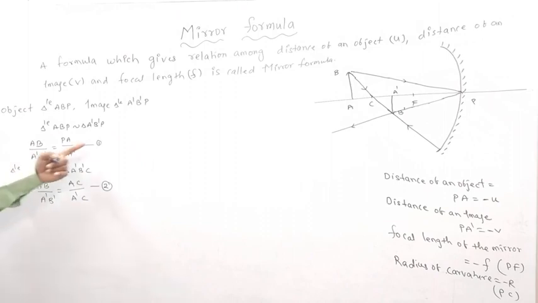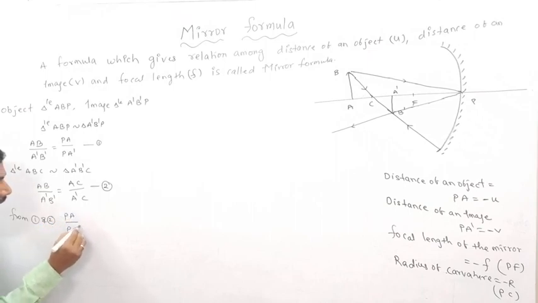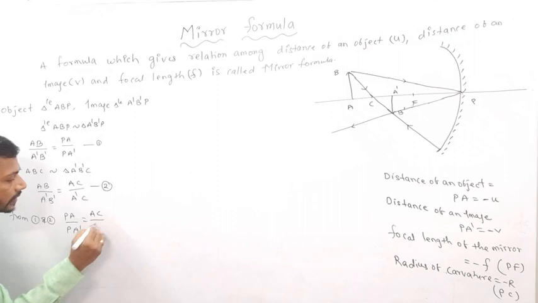If you observe clearly, the LHS AB by A dash B dash is the same in both. Then I take the RHS from 1 and 2, what am I writing, children? PA by PA dash equals to AC by A dash C.